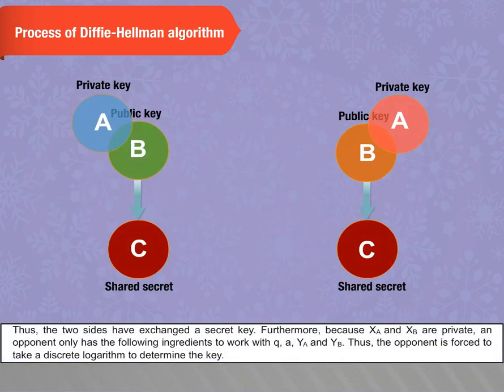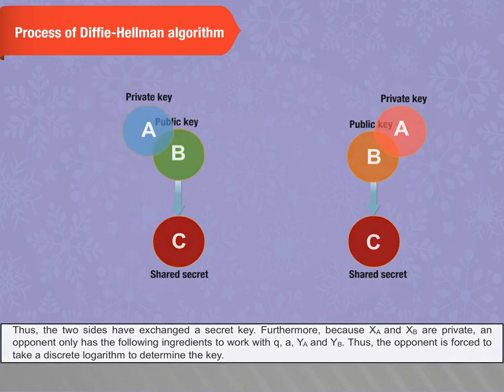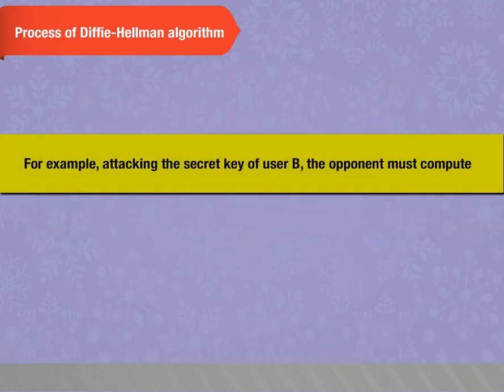Furthermore, because xa and xb are private, an opponent only has the following ingredients to work with: q, a, ya and yb. Thus, the opponent is forced to take a discrete logarithm to determine the key. For example, attacking the secret key of user B, the opponent must compute xb is equal to ind a,q of yb.